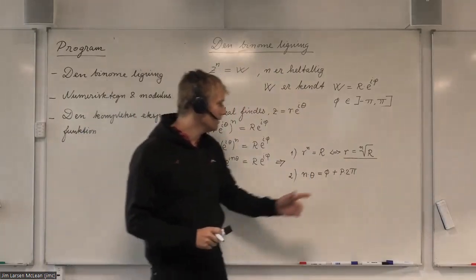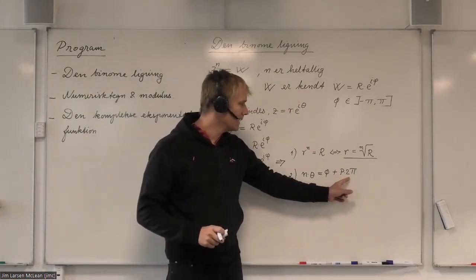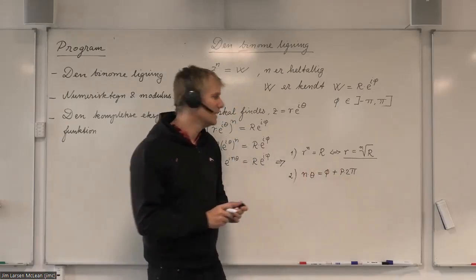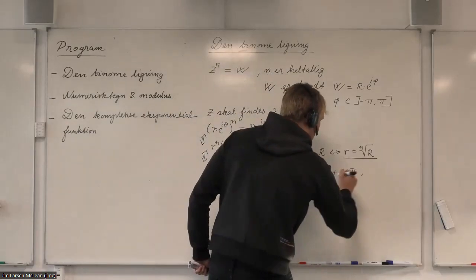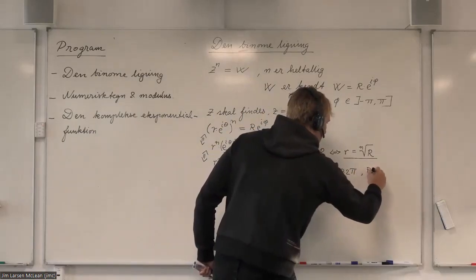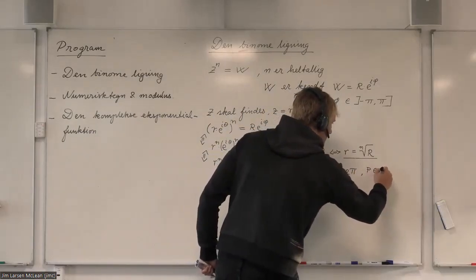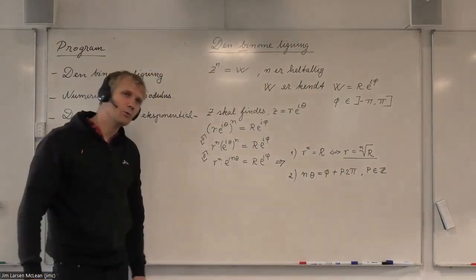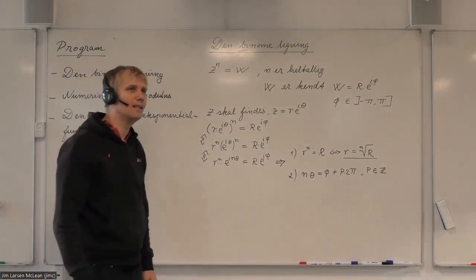So this is the part, if you want to sound fancy at an exam, where you say, except for an integer multiple of 2 pi. That means an integer times 2 pi. So p has to be an integer, and we write that down like this. p can only be chosen from the set of integers. So that means 0, plus or minus 1, plus or minus 2, plus or minus 3, and so on. Those are the integers.